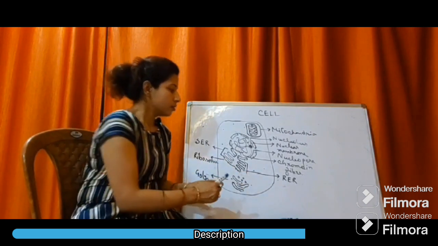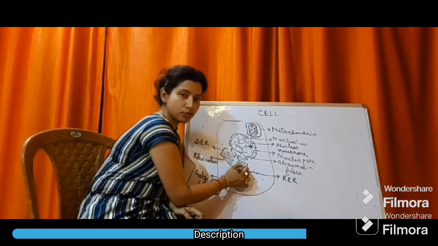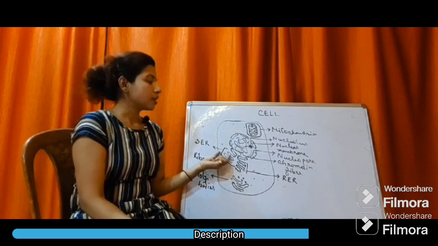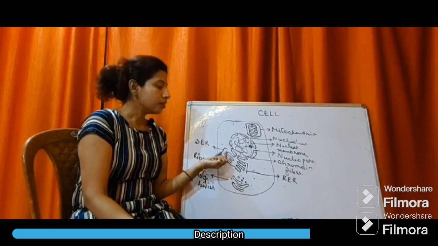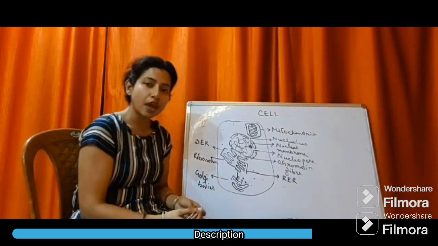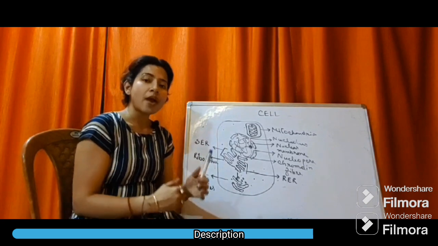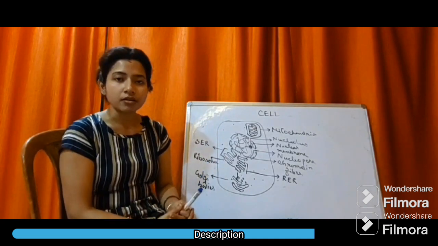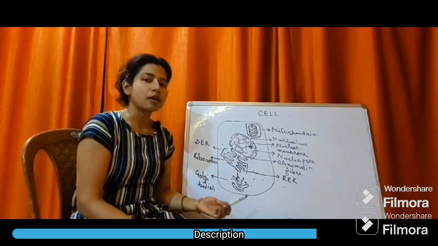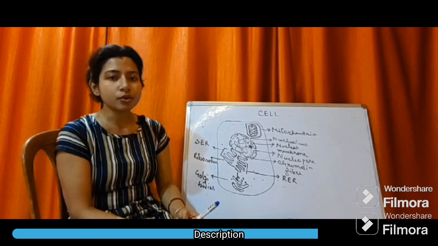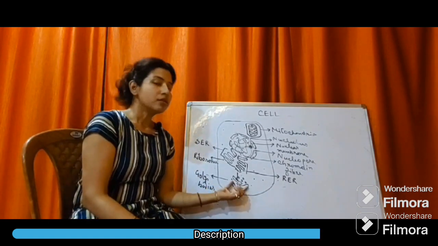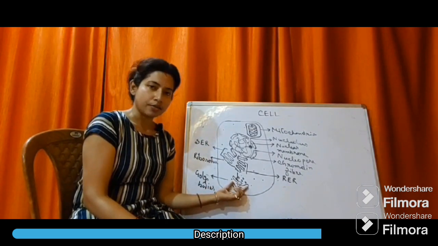Whenever ribosomes synthesize any protein, or the ER synthesizes any lipid, then this protein, lipid, etc. come to the Golgi, and the Golgi then packs protein and lipid together to form lipoprotein. Similarly, they pack carbohydrate and protein together to form glycoprotein, etc. So it is called the packaging unit of a cell.